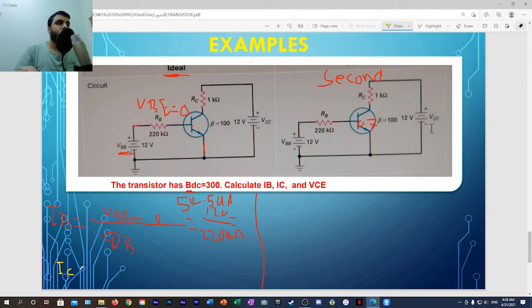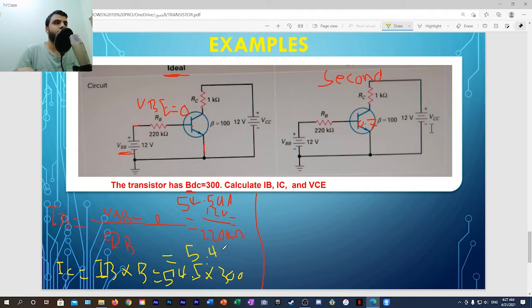IC is nothing but IB multiplied by beta. IB is found here, multiplied by beta. IB is 54.5. Sorry, but I'm writing with the mouse. Multiplied by 300, it will be 5.45 milliampere.